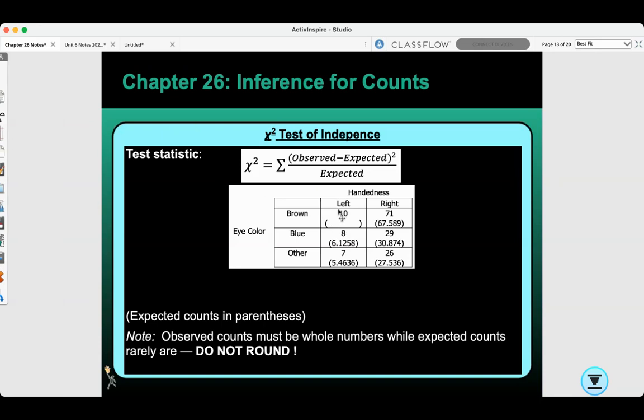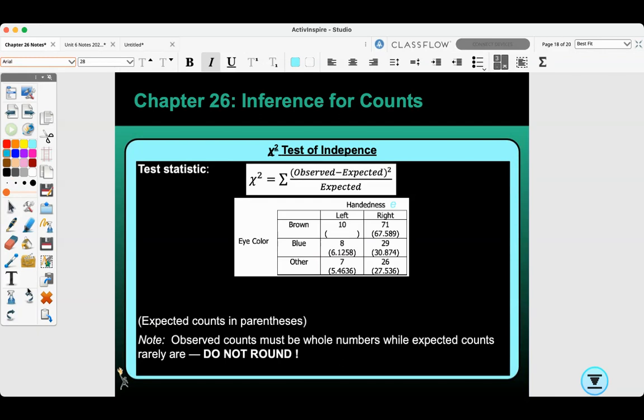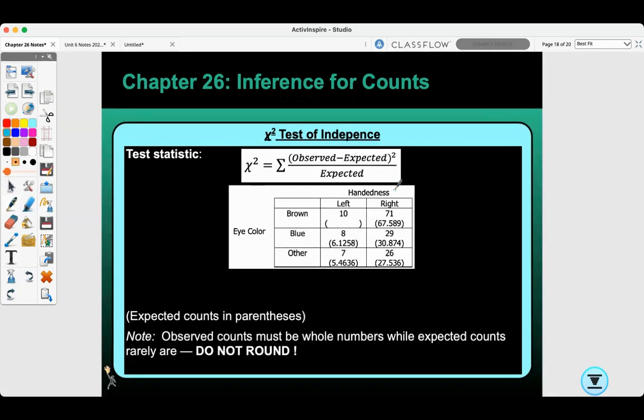So here, again, we're going through. You have to have your observed and expected values. With this, we have observed, not in parentheses, and expected in parentheses. So you do it the same way. It's the total and the totals.